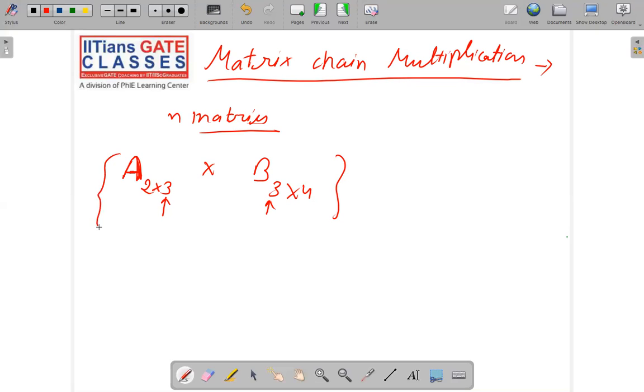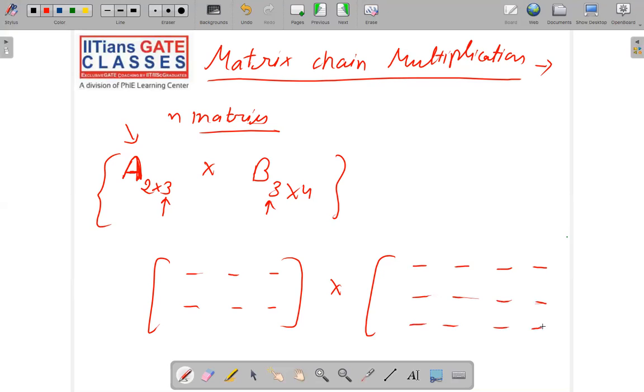If you remember your school days, you cannot multiply matrices of any dimensions. The number of columns in the first matrix should be the same as the number of rows in the second matrix. For example, here you have 2 by 3, so two rows and 3 columns, and you multiply it with 3 by 4.